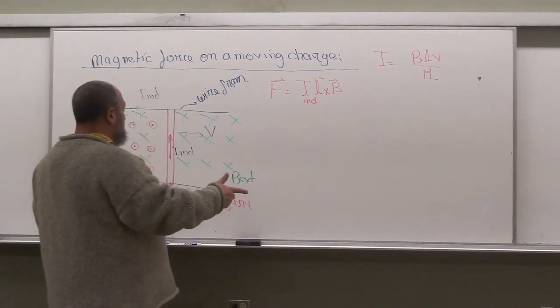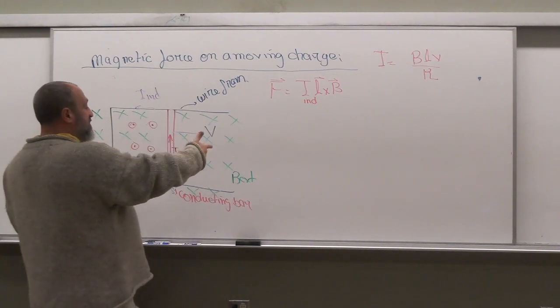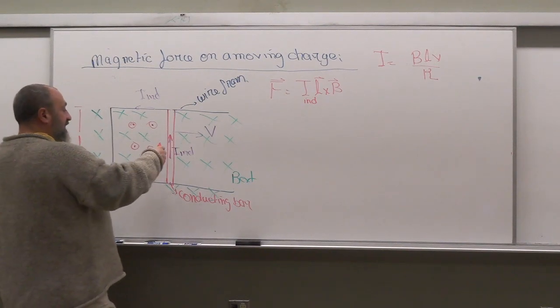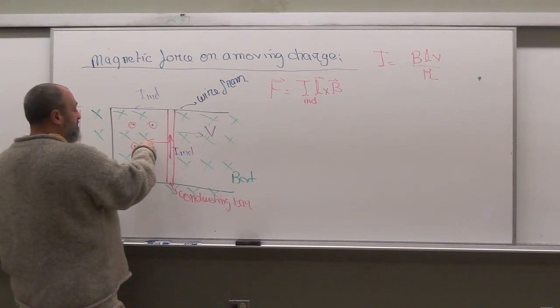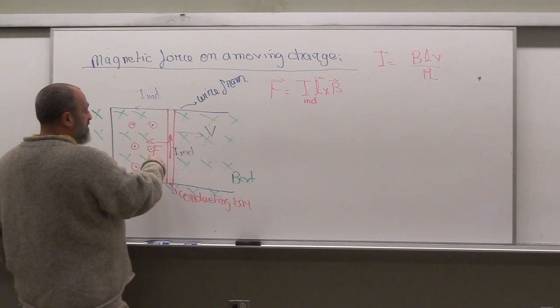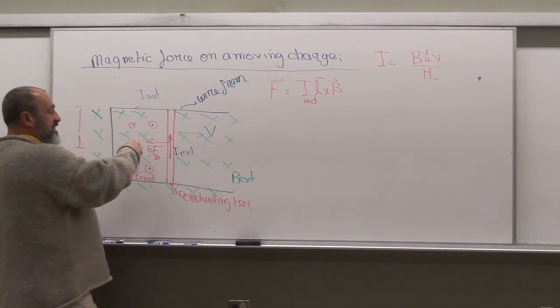So I is that way, B is that way, the force is that way. The magnetic force, F magnetic, FB, is going to point that way.